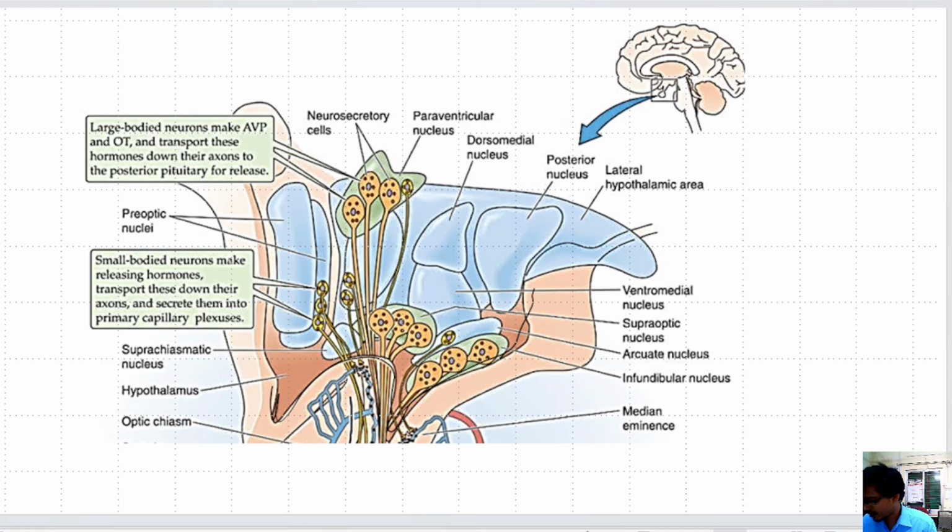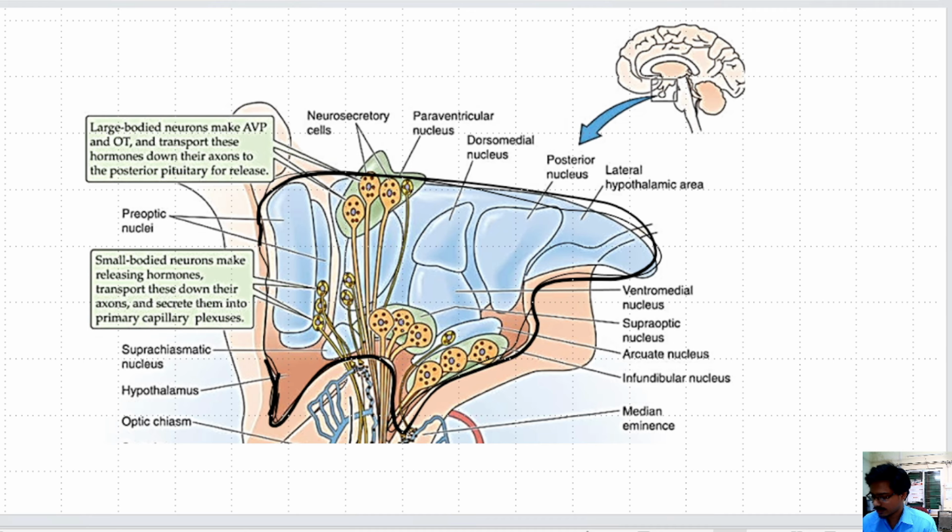This entire region is known as the hypothalamus. In that region a lot of cell types are there.